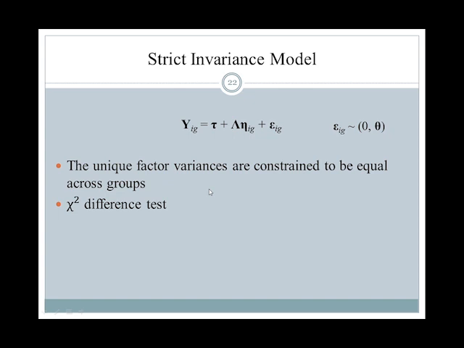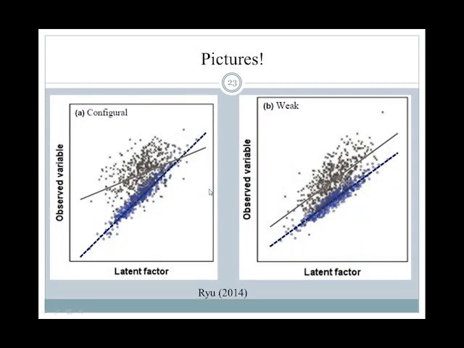So, for those of you who are algebraically minded, that probably made sense. But for those of you who are more geometrically minded, I have some pictures to more clearly illustrate what's going on. Once again, we have our common factor on our x-axis, and our observed variable, our item score, on our y-axis.